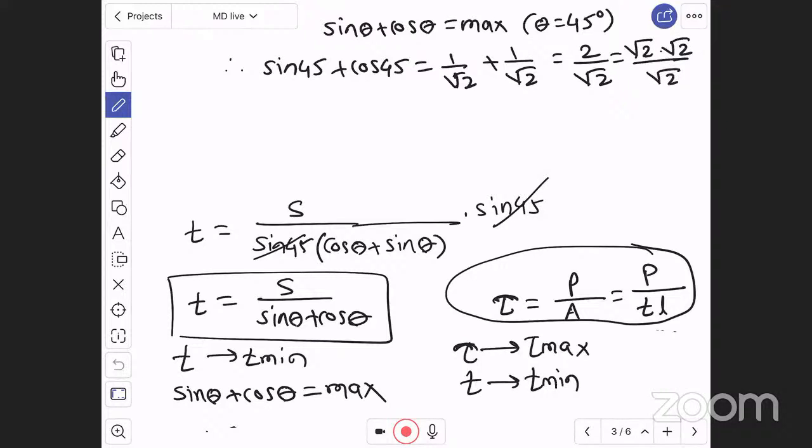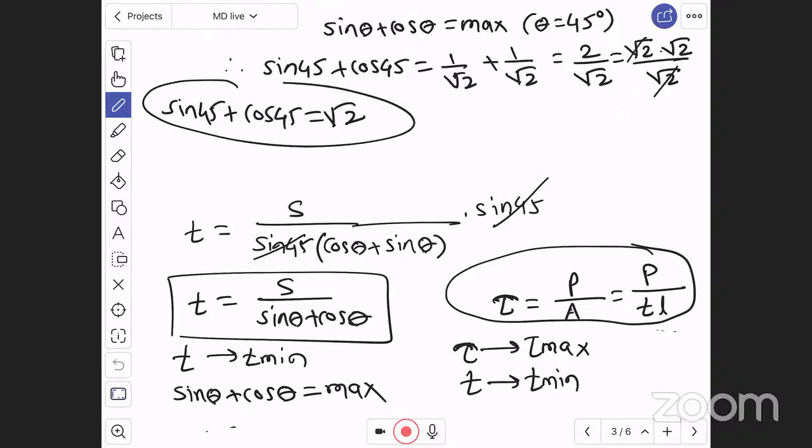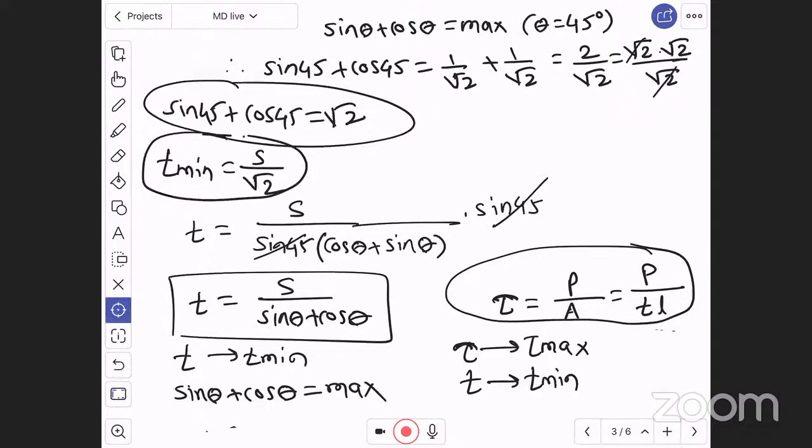We can write 2 as root 2 into root 2, right? Therefore, one root 2 will get cancelled. Therefore, sin 45 plus cos 45 you will find is root 2. Right. Therefore, the minimum thickness you will find is S divided by root 2.